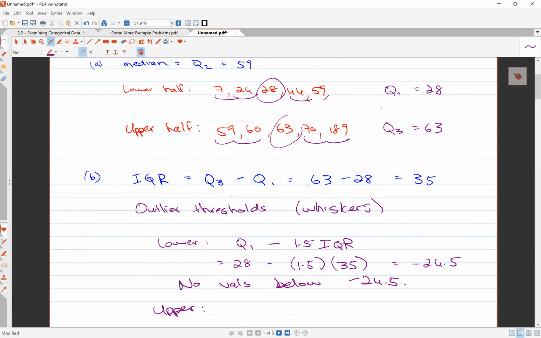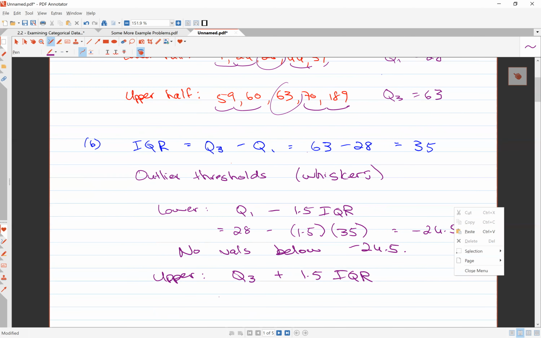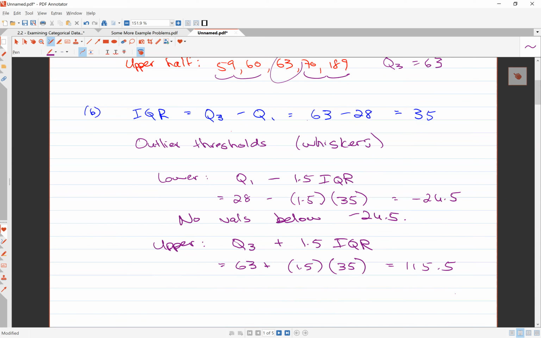Upper end, similar calculation, except we start at Q3 and we add 1.5 IQR. So in this case, that would be 63 plus 1.5 times 35. And that gives us 115.5.